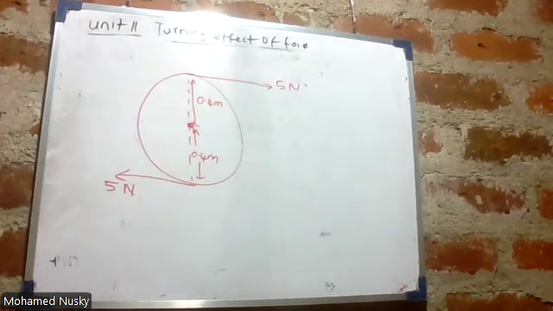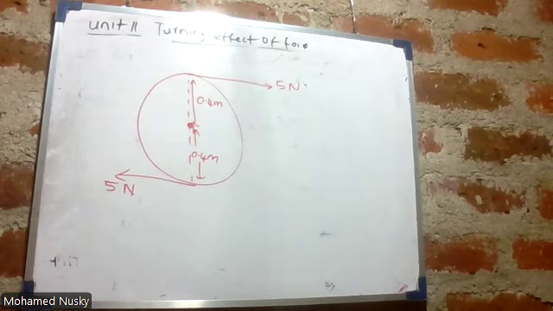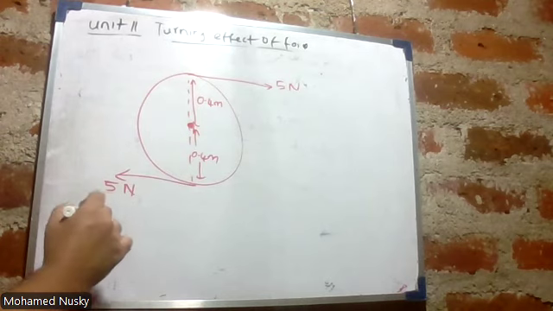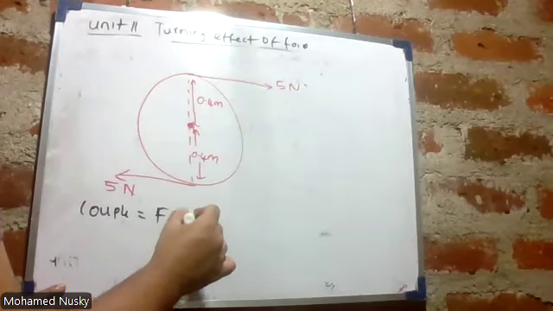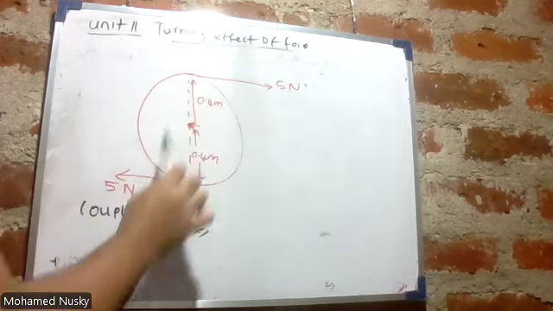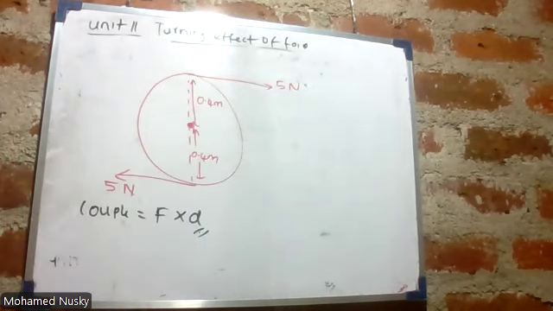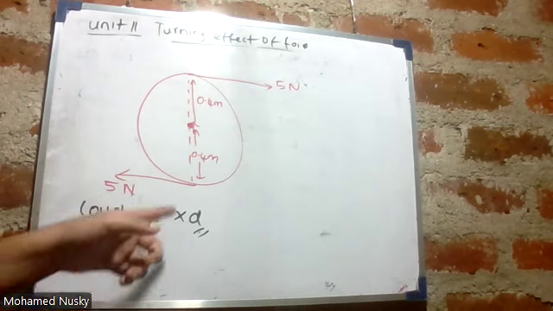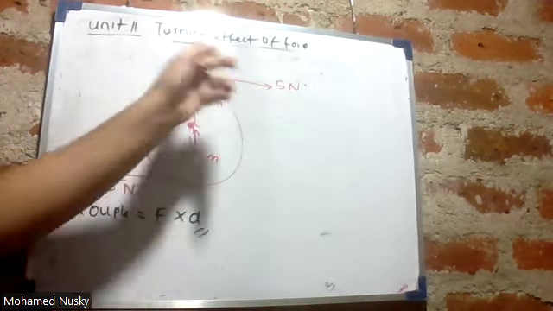So here they have asked how much is the moment of this couple? You know, couple is equal to force into distance. What is this distance? Distance is the distance between the two lines of action of the forces.